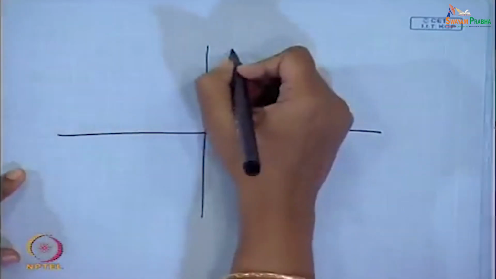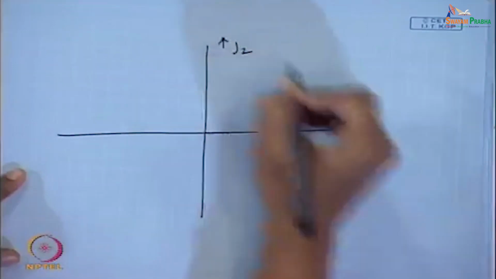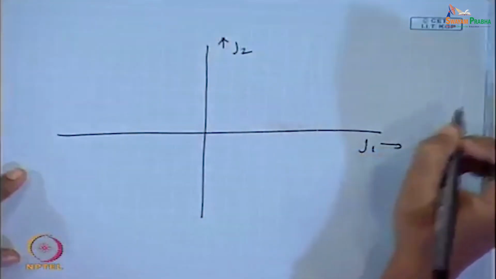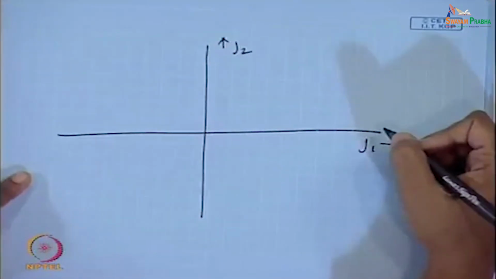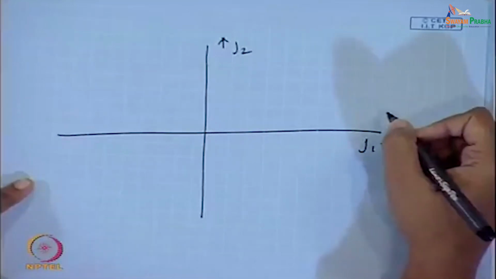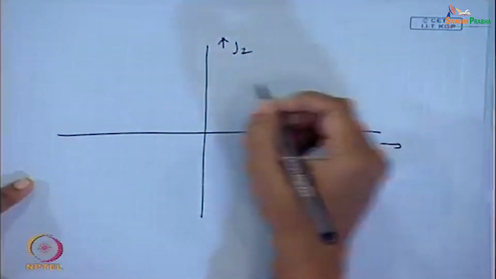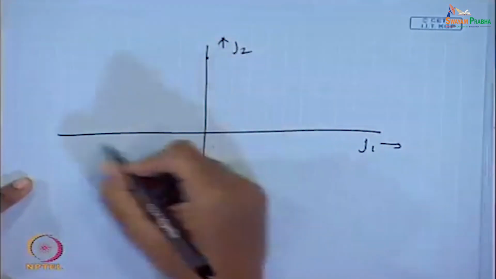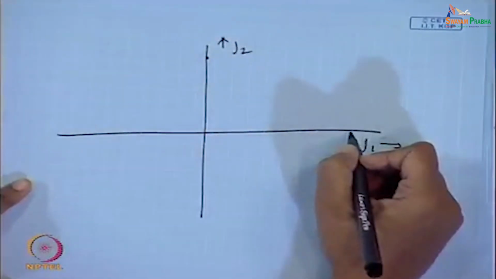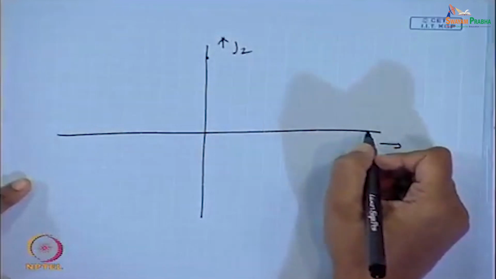If we draw, this is J2, this is J1. J2 and J1 can have different positive as well as negative values, is not it? Now, for a particular alpha, what will be the intercept on the x axis? X axis means J2 equals 0.